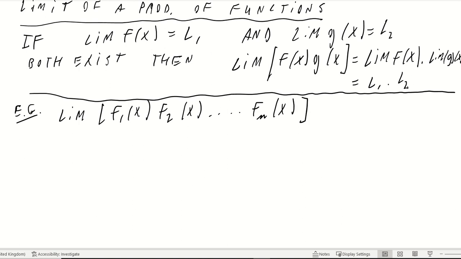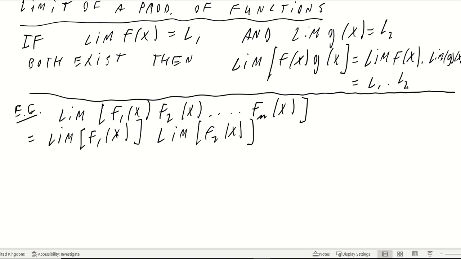If we have a limit of this big product, it is equal to the limit of f1 of x, by the limit of f2 of x, multiplied by the limit of the last function, fn of x. So basically it's a product of the limits of all these functions.